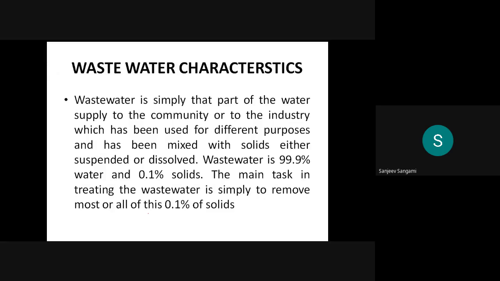When it comes to the solids, we'll discuss in detail their classifications. Normally, we'll classify the solids as suspended, dissolved, and colloidal.